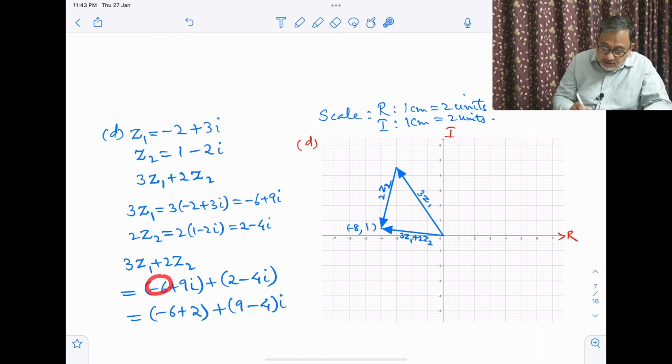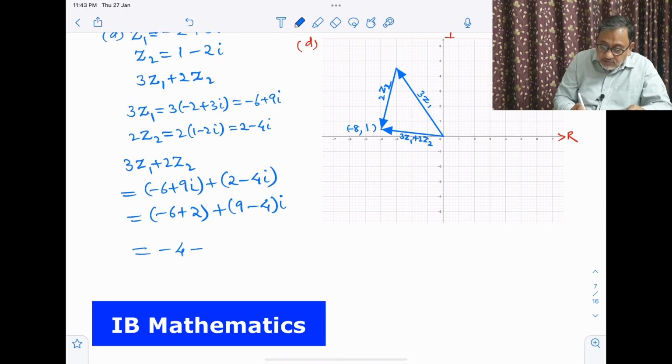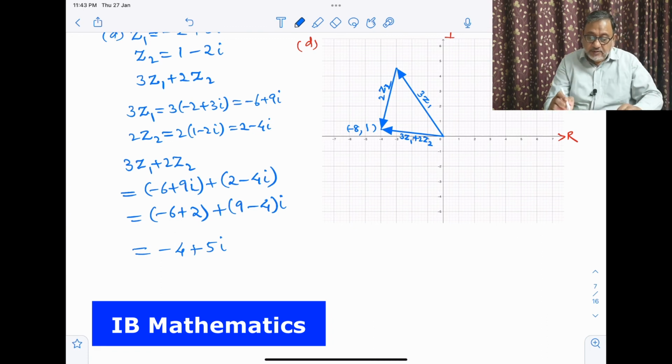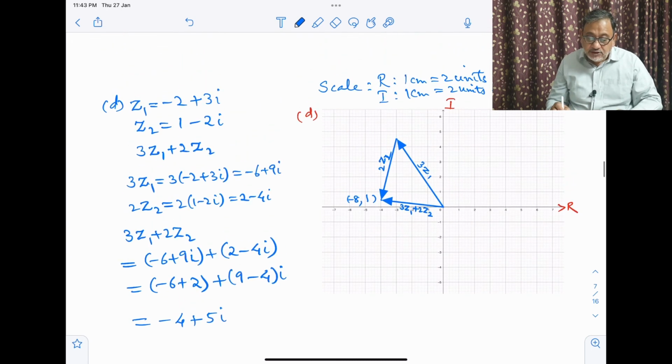So now this is going to be minus 4 and plus 5i. 9 minus 4i will be 5i. Why is it like that? Let me check again.